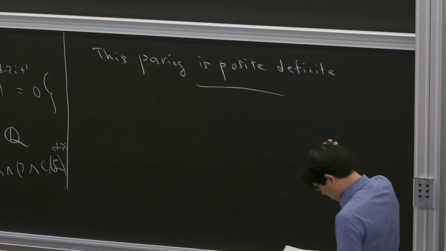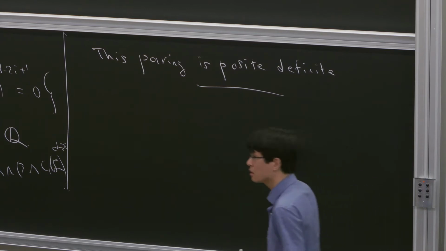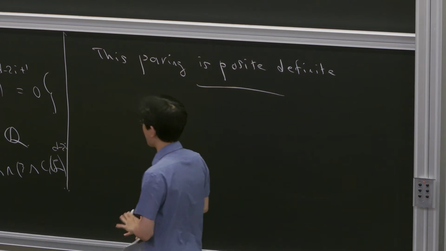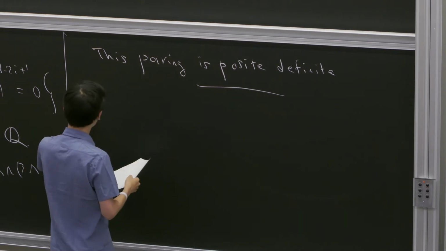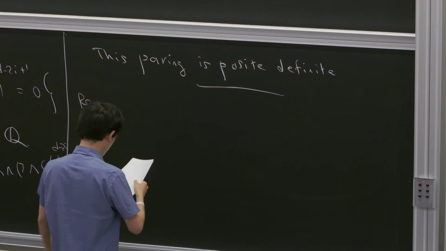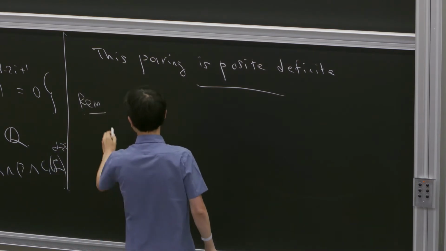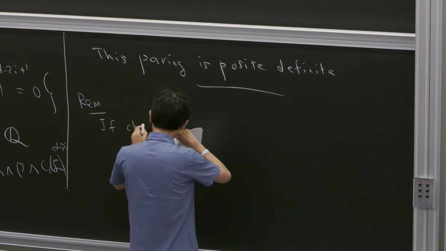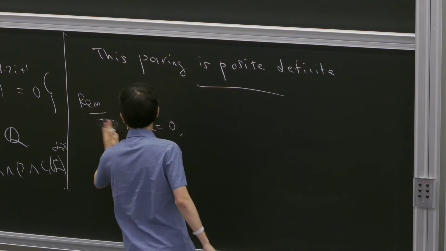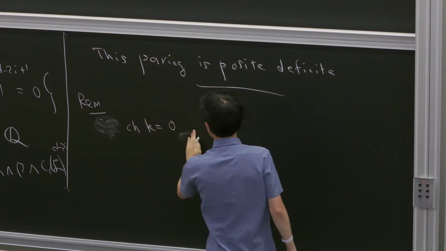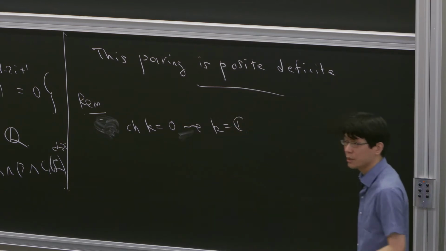Okay. So let me briefly explain what is known. I'll explain my understanding. So, well, if the characteristic is 0, then this reduces to the case of complex numbers, and you can use Hodge theory.